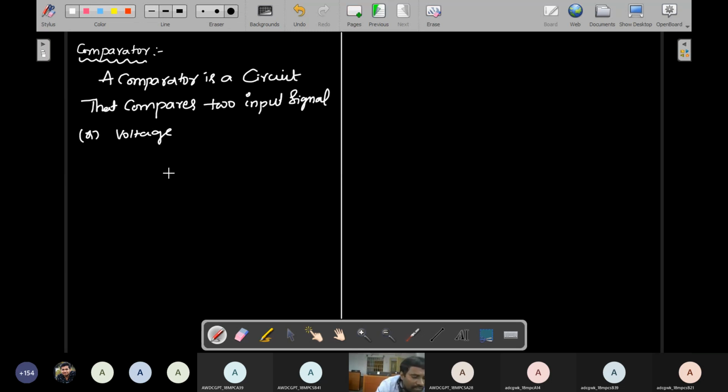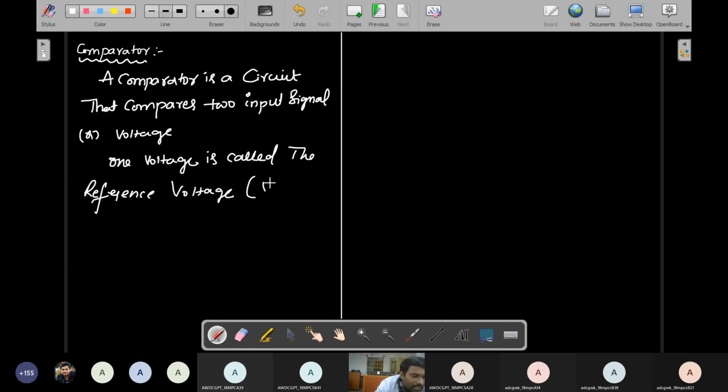One voltage is called the reference voltage, indicated as VREF, and the other is called the input voltage, VI. We compare the input voltage with the help of the reference voltage.